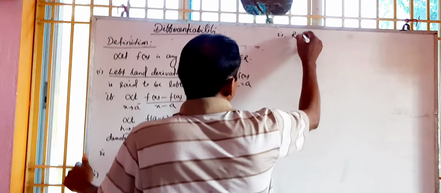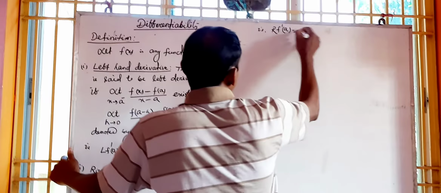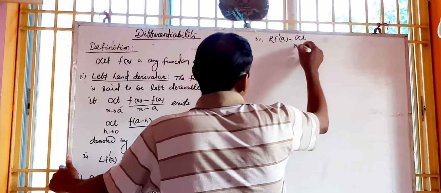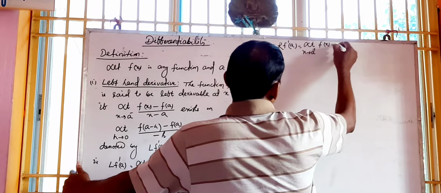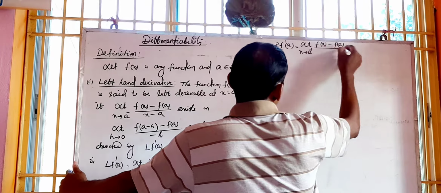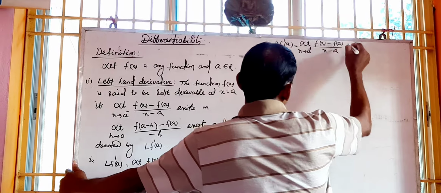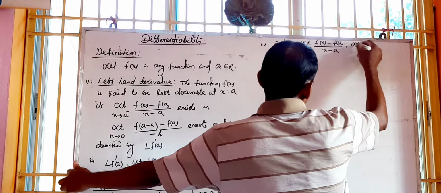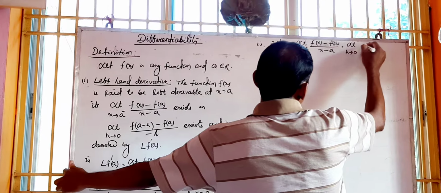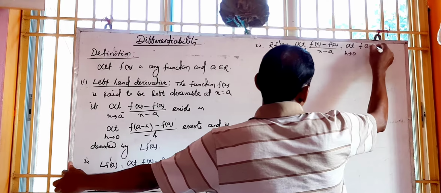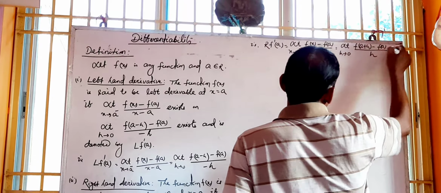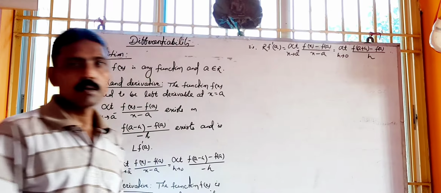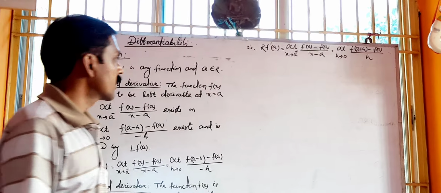That is, the right hand derivative is the limit as x tends to a plus of f of x minus f of a by x minus a, which is also the same as the limit as h tends to 0 of f of a plus h minus f of a by h. This is the right derivative.